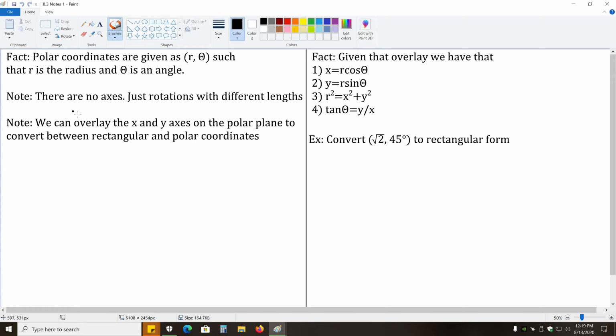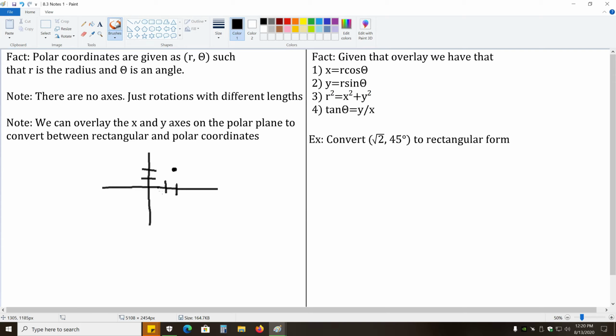So there's some things to note here. First of all, there are no axes, just rotations with different lengths. So we can't say that given some coordinate plane, we have the point 2, 2. This does not work in polar coordinates.